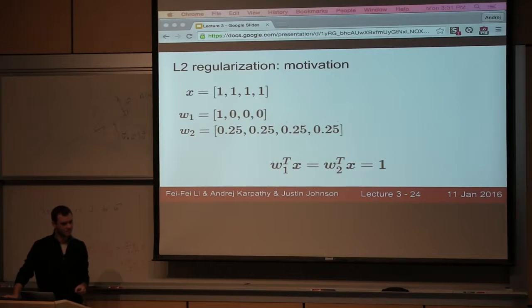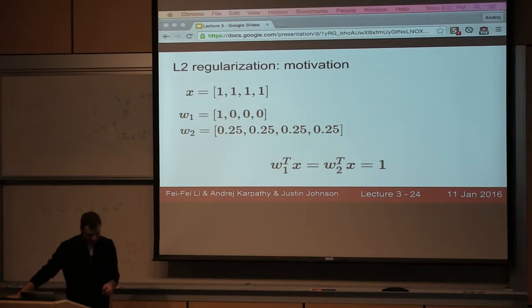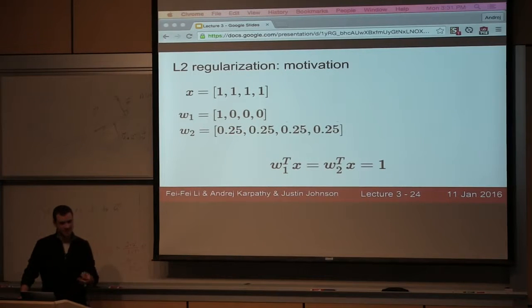Isn't that a feature, not a bug, that we're ignoring some inputs? So I was saying that you could just have 0.001, 0, 0, 0 as another W vector that would do exactly the same thing as W1 in terms of its decisions. I see. Okay. Thanks.